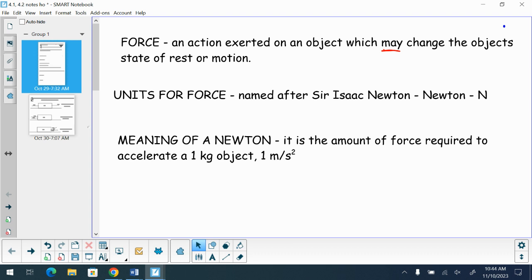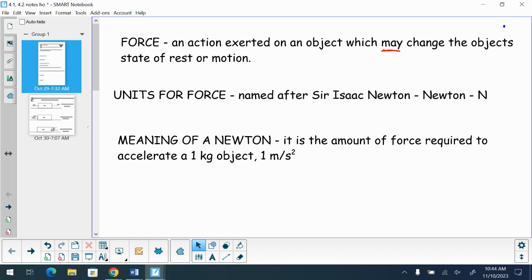We'll use this: suppose we have a mass of 1 kilogram. When you're looking at a newton, we are accelerating this mass 1 meter per second squared.